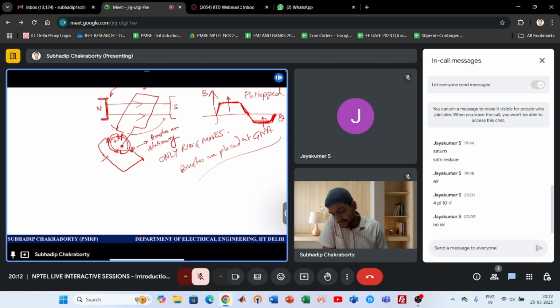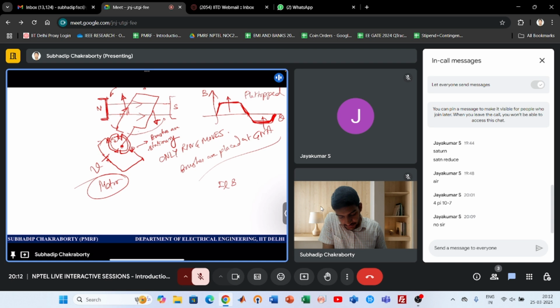And you apply some kind of voltage for a motor. Assume it is a motor. So you have to apply some voltage. Some voltage means some current will flow. Some current flows through a magnetic field. What will happen? It will generate a force, ILB. This side will generate a force in this direction. This side will generate a force in this direction.